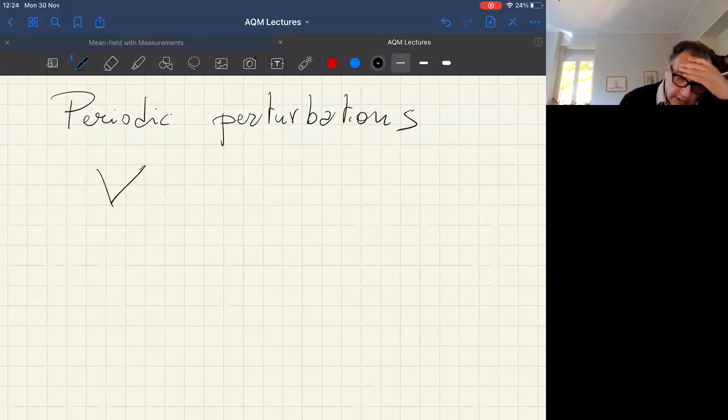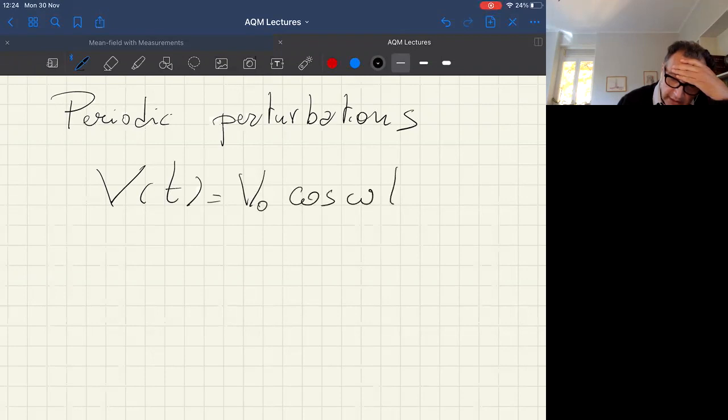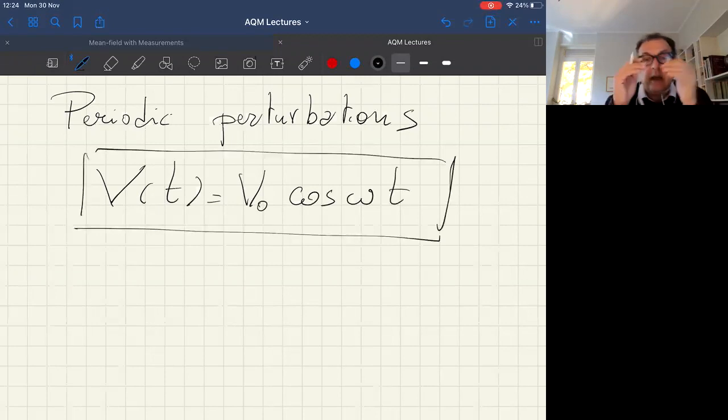So we are going to consider V of t, which is like V0 cosine of omega t. Perturbation in time can be cosine, sine, whatever, exponentials.